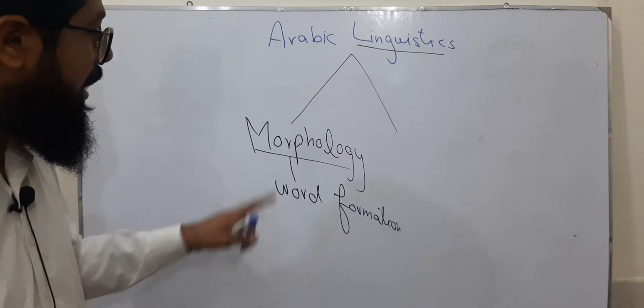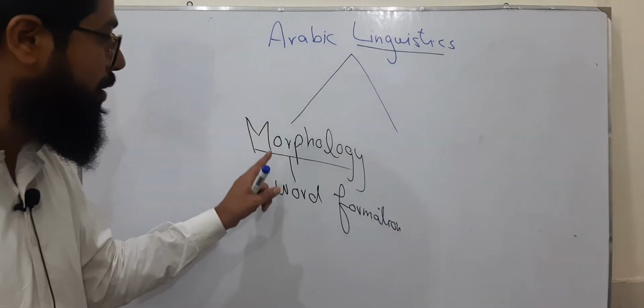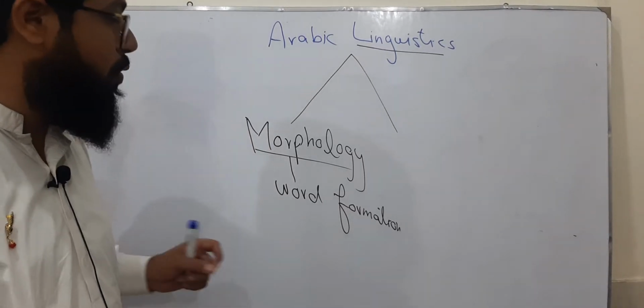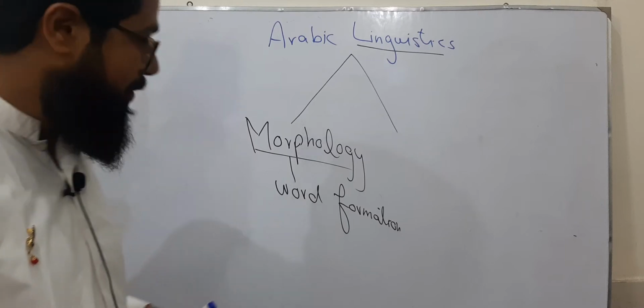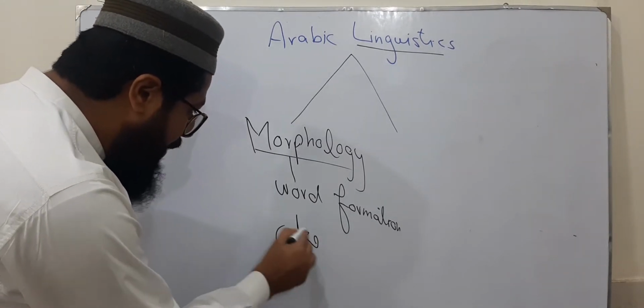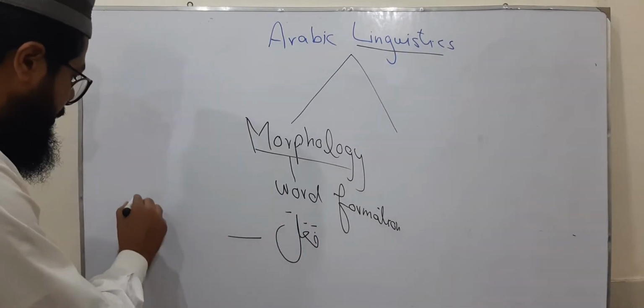But in this branch of linguistics, in this knowledge of Arabic grammar, in morphology we just talk about word formation. For example, if I say fa'ala, fa'ala means he did.